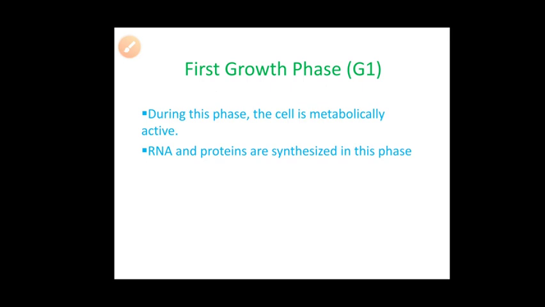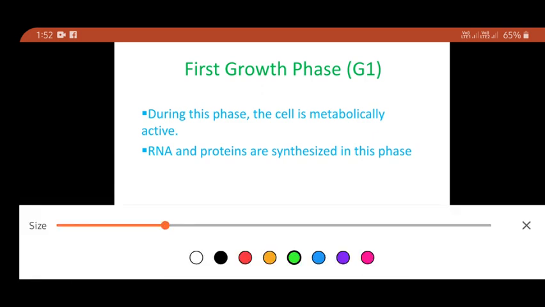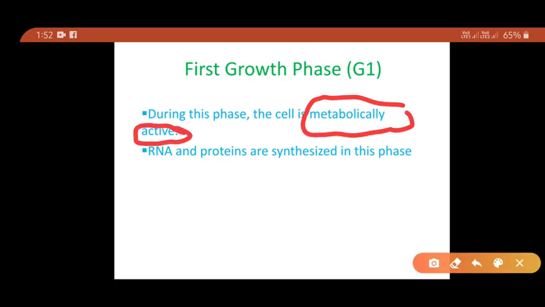During this phase, the cell is metabolically active and continues to grow without replicating its DNA. So what does metabolically active mean? Metabolically active means that reactions occur inside the cell.